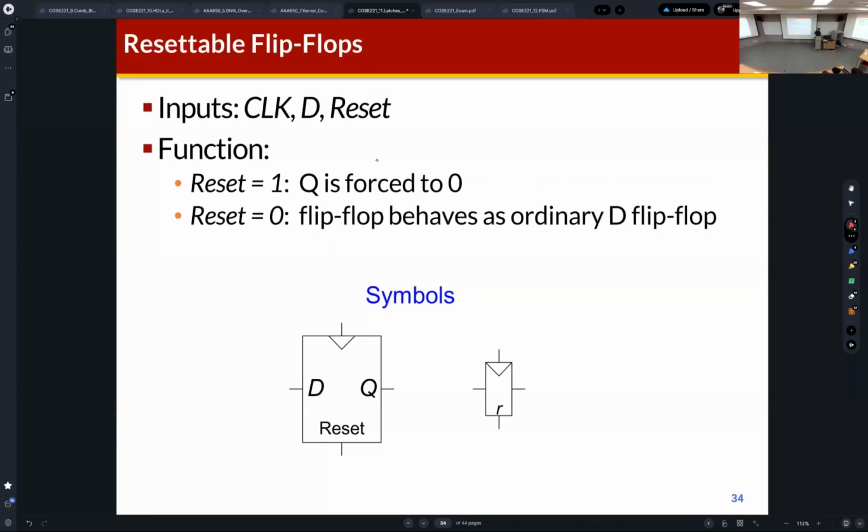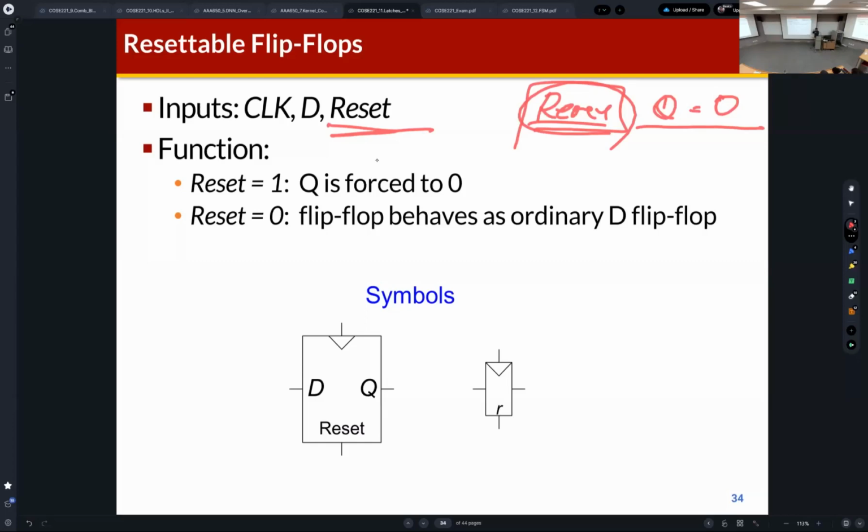And we can also use a resettable flip-flop. This resettable flip-flop includes a reset signal. So what does that mean? If reset becomes 1, Q also becomes 0. This is the definition of a reset.